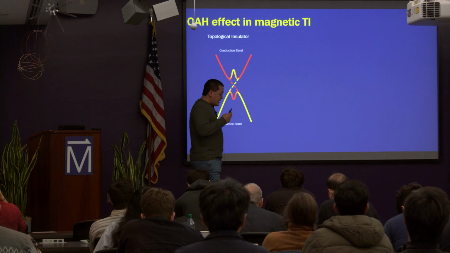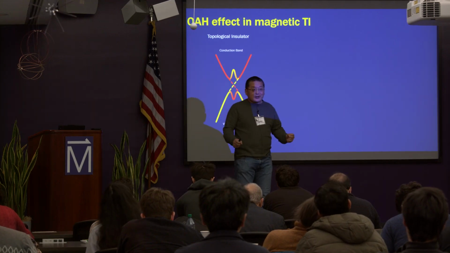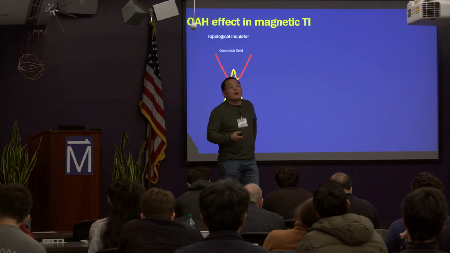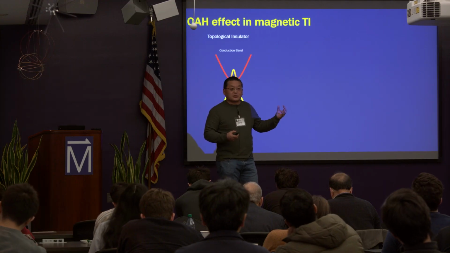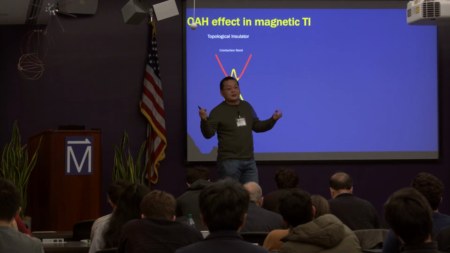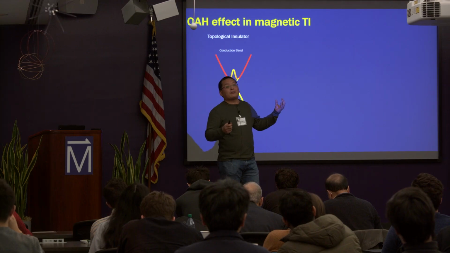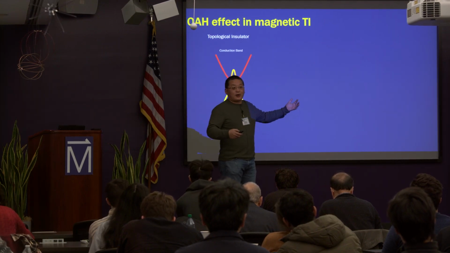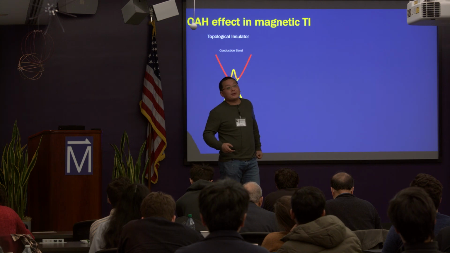So now we have the topological insulator. Based on what I told you, we have two simple conditions: inverted band structure and ferromagnetic material. Now we have the inverted band structure, because the topological insulator, that's why we call it topological, already has an inverted band structure.